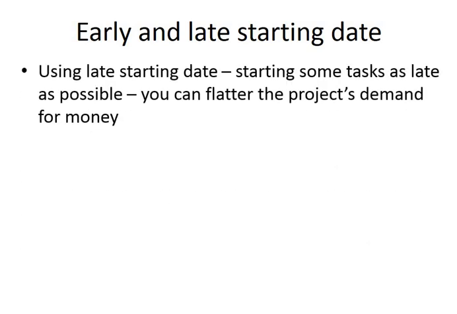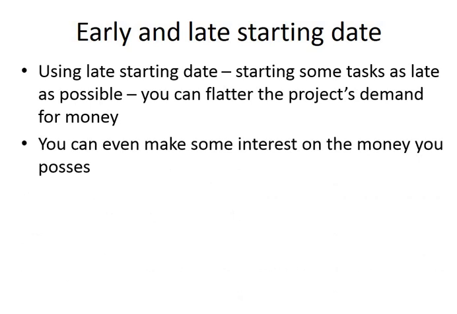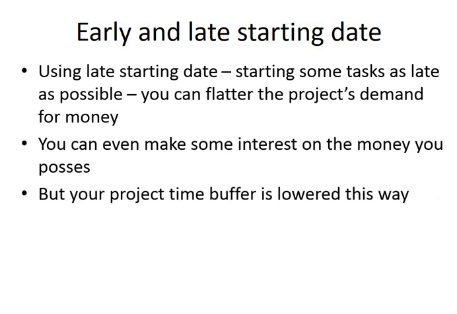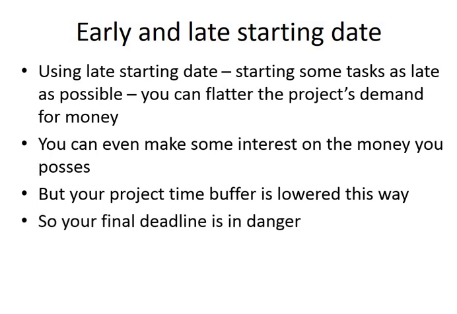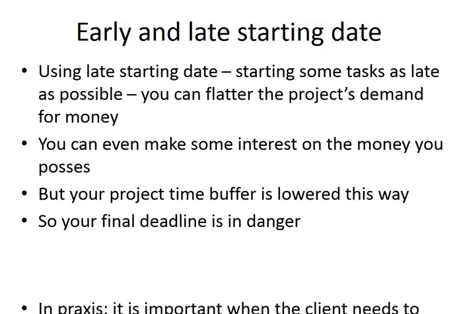So using the late starting date, you can start the task as late as possible, so you can flatten the demand for money in your project. You can save the money, but this way your time buffers are lowered, so your deadlines are in danger.